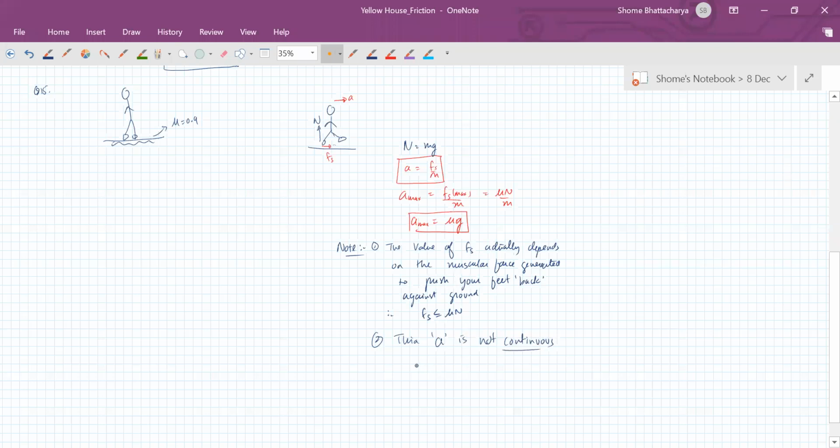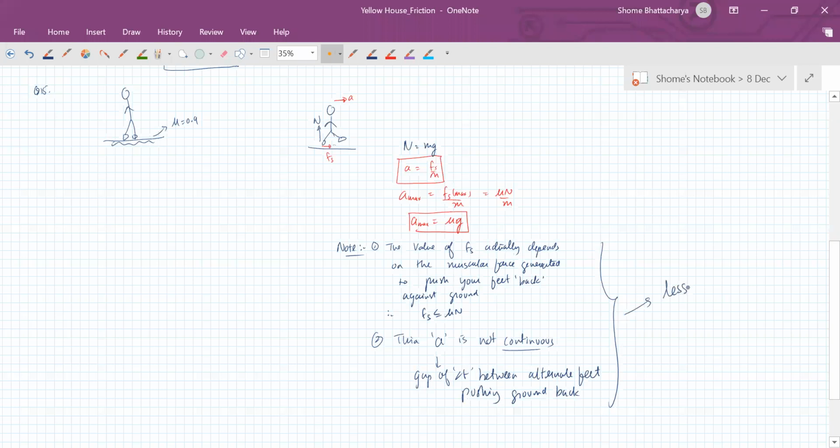There is a gap of delta t between alternate feet pushing the ground back. So during that gap delta t, there is no acceleration. So that is where the whole Superman thing comes in.